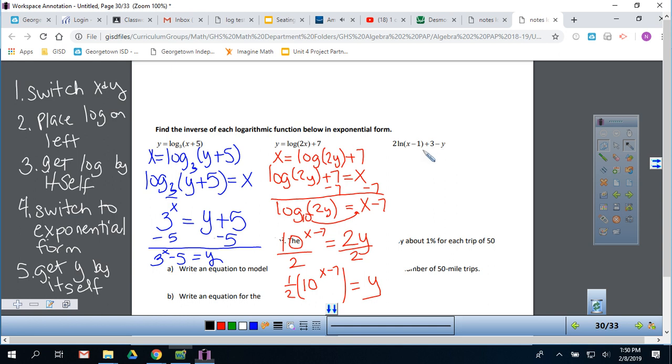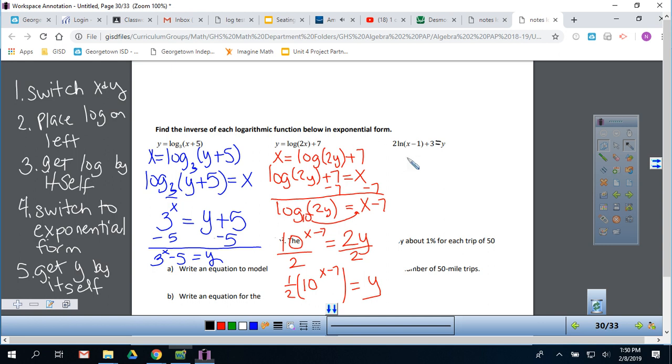Alright, so looking at this one, do we want another one? Yeah. So we have 2 natural log of x minus 1 plus 3, and this is supposed to be equals y. I assume that's supposed to be y.